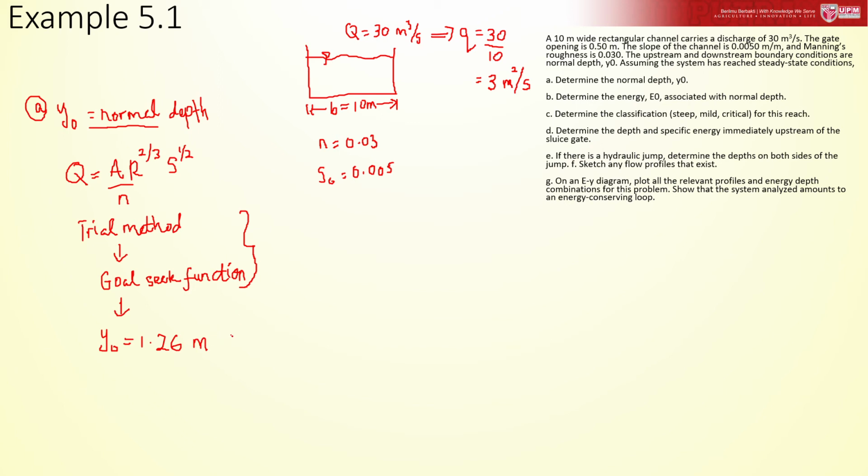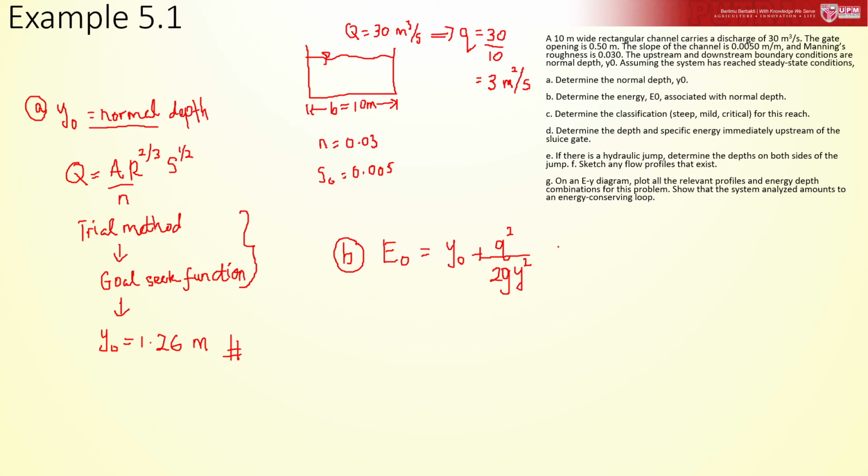Now in question B, you have to find the energy related to normal depth. So the energy related to normal depth is using this equation that you have used before. This is the energy equation, E equals y plus q squared over 2 g y squared. I already showed you how to derive this.